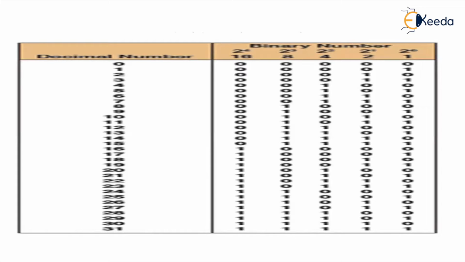Now why 2? Because the computer understands only binary language, and binary numbers are represented with base 2. So 2 raised to 0 is 1, 2 raised to 1 is 2, 2 raised to 2 is 4, and so on. And this is how your decimal number gets converted to binary.